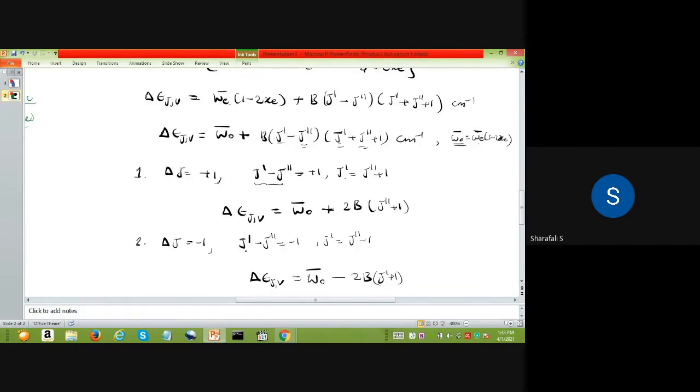There you have J' − J''. So in this case, this quantity will become minus 1.